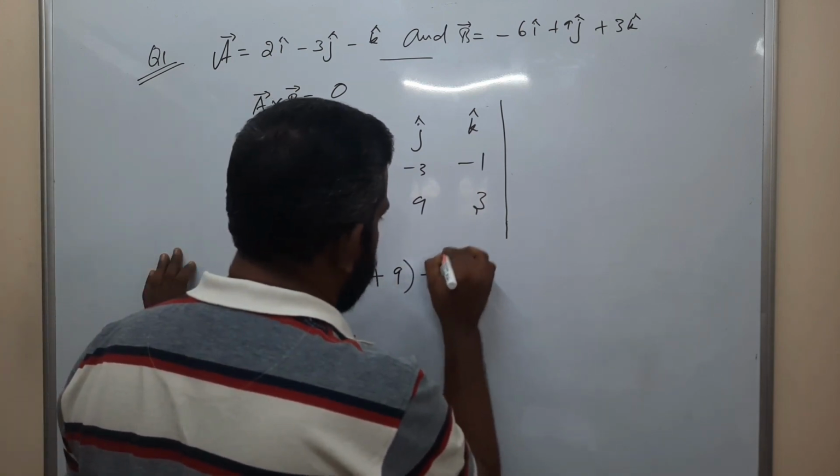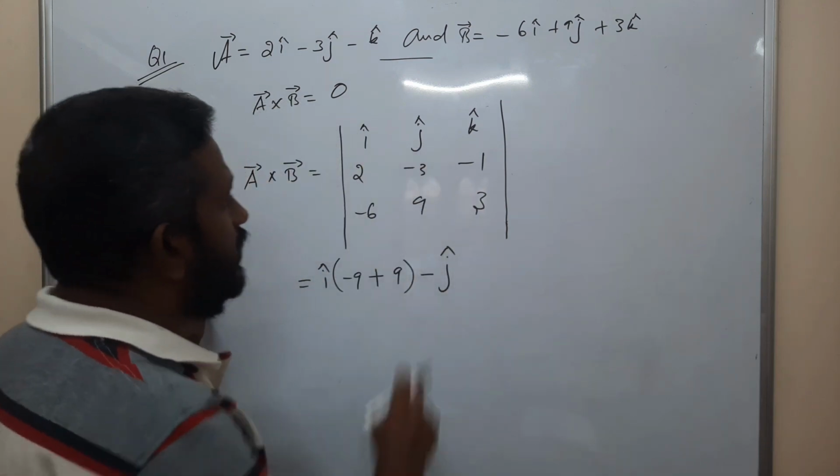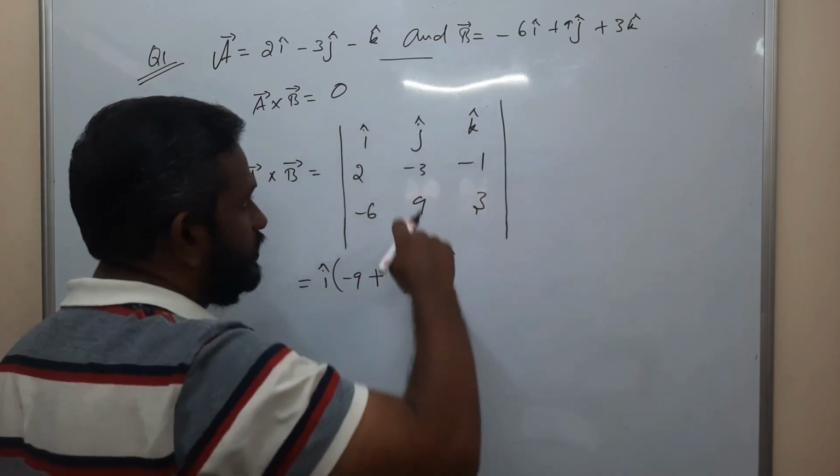Next, minus j cap. Cut this row and this column.